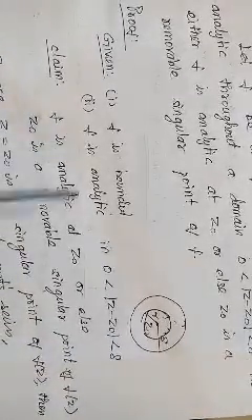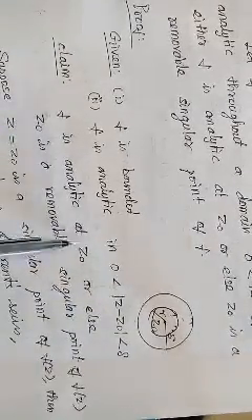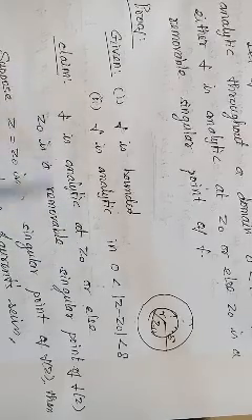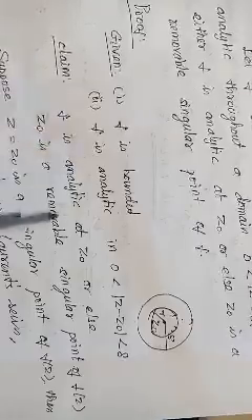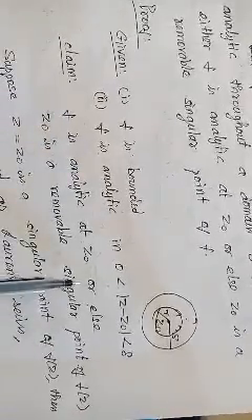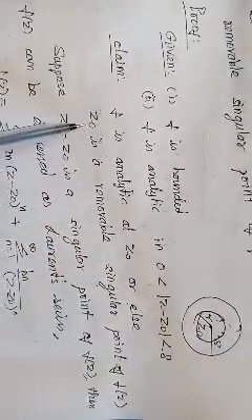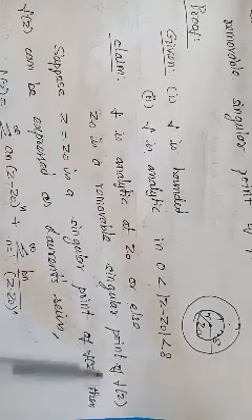Since it is stated that f is analytic in the neighborhood of z naught, there is no doubt f is analytic at z naught. So no need to prove the first case, since it is directly given in the statement. The only thing is, I have to prove the other case, that z0 can be a removable singular point of f of z.